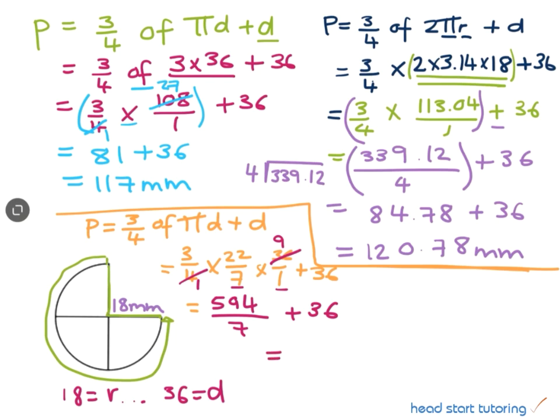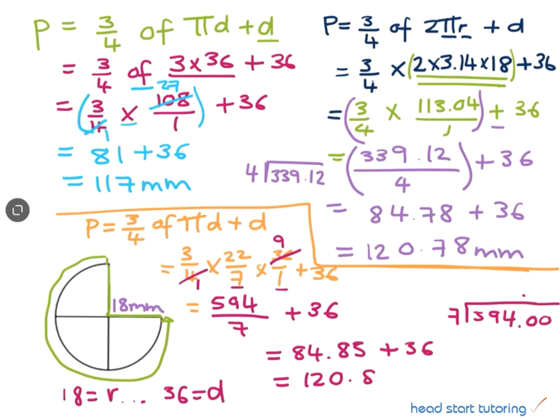So 594 over 7, or 594 divided by 7, all you need to do is do that in your division house. 594 divided by 7, and you just give me 2 decimal places. Remember to bring your decimal point up, and you'll end up with an answer of 84.85 plus our 36, and that will give us a final answer of 120.85 millimeters.